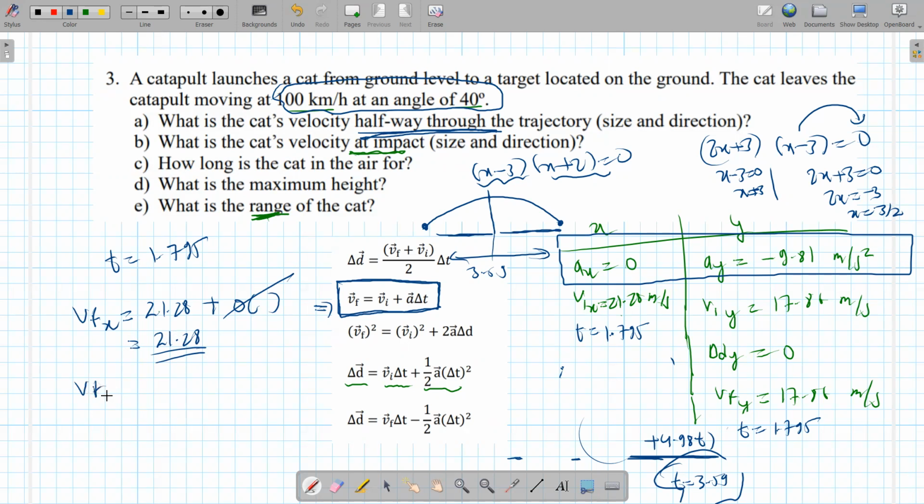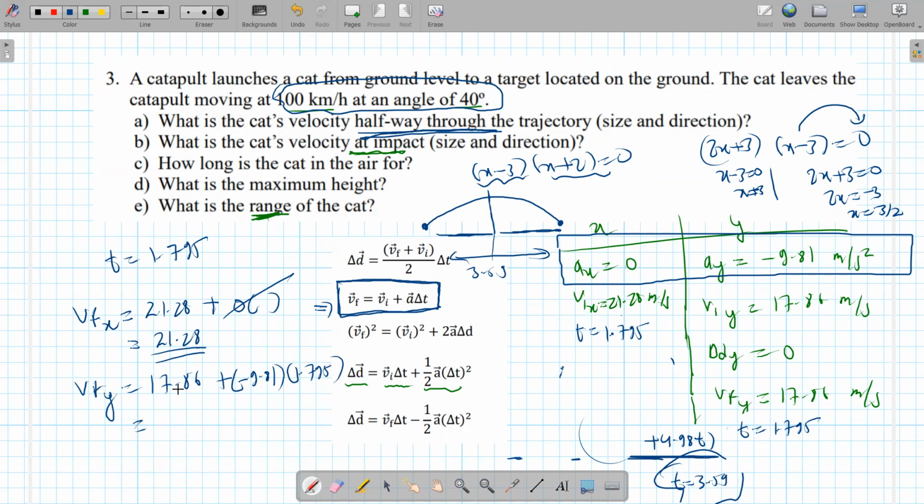VFY, the final in the y direction, is equal to V1 in the y direction, so 17.86, plus the acceleration in the y. Now that matters, right? Because that's 9.81, times the time, which is half of that, so 1.795.